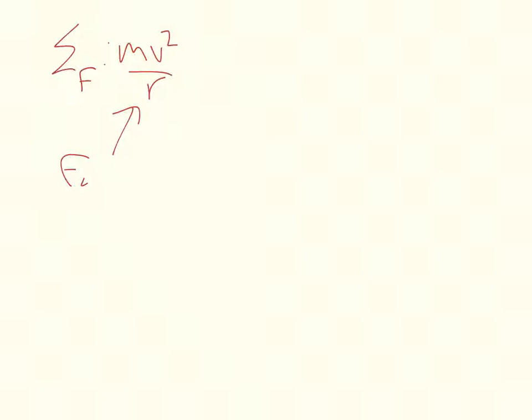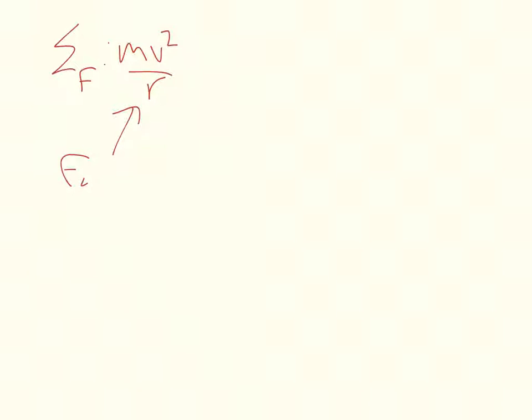You would probably be spiraling into the center of the circle. And if the value was less than Fc, your centripetal force, then you would be leaving the circle. Okay? There's an exact balance that has to take place for there to be circular motion.